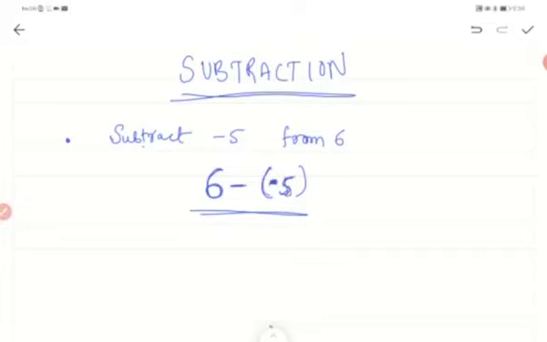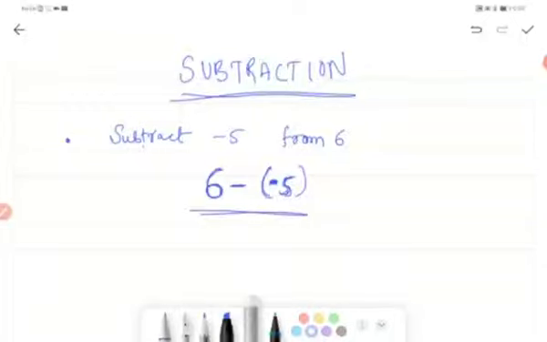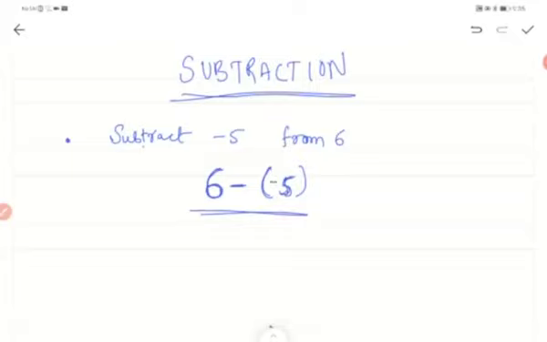So I will take this directly as 6 plus 5. How can we take this as 6 plus 5?